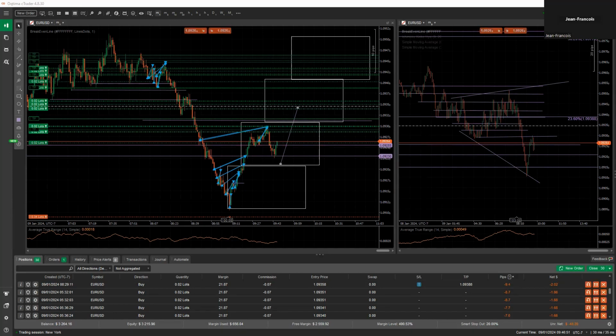There you go. And so that's kind of what we're looking for. It's something like that. Move back up slowly but surely. Steady as she goes.